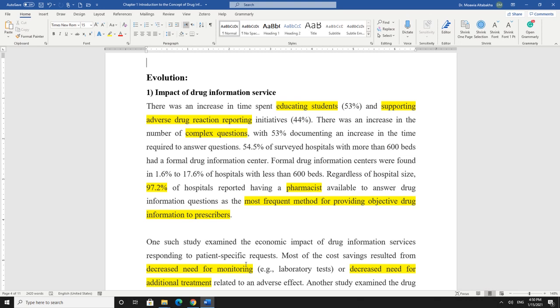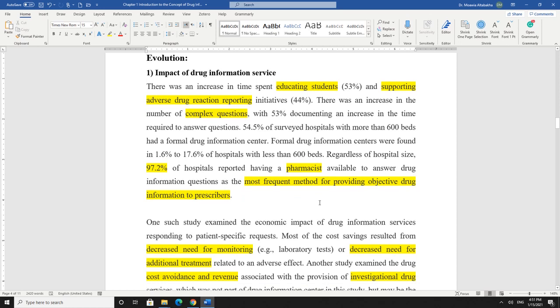What about smaller hospitals, don't they have one? Usually they have, but they don't have a formal center. They appoint, for example, a pharmacist or someone else who is a specialist, like a physician, who can provide such information but without a center.